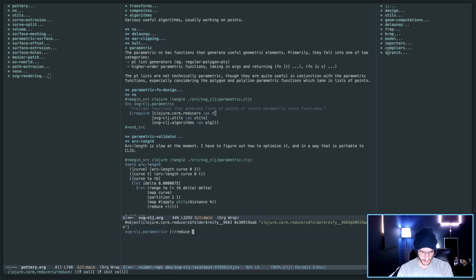How does this work? Reduce that reducer into 0?